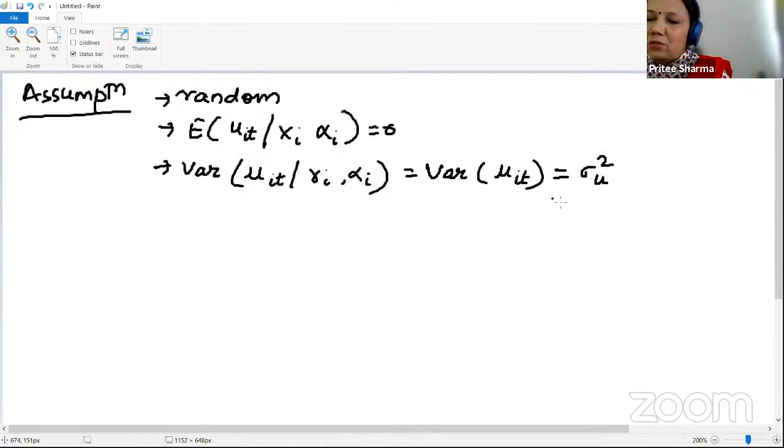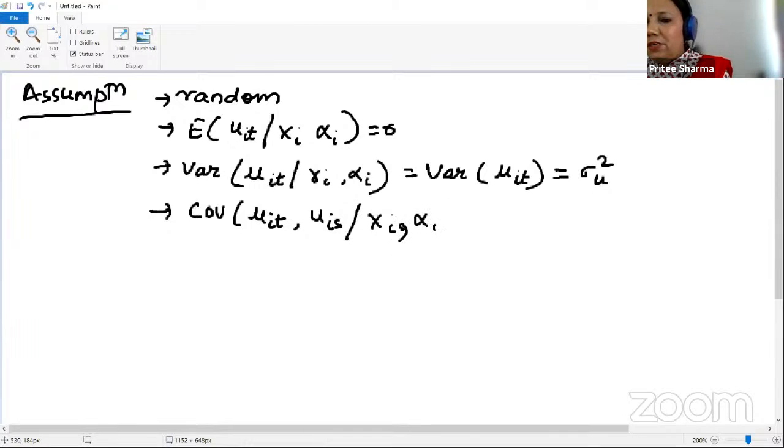So this is constant, equal to sigma mu square. Then the other one is that the covariance between error terms mu it for different time periods, conditional upon xi's and alpha i's, is equal to 0.